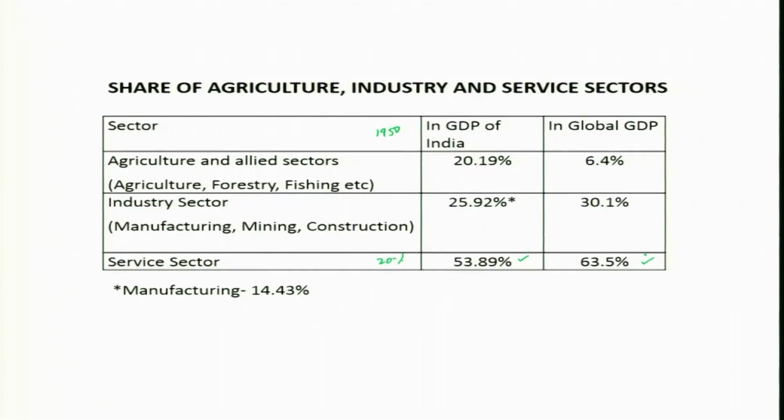So, you will find that service sector is growing much faster as compared to agriculture sector and the industry or the manufacturing sector. So, that is one of the reasons that the subject is also evolving more towards service sectors, but you will find the principles and theories are almost same whether it is a manufacturing sector or it is a service sector.